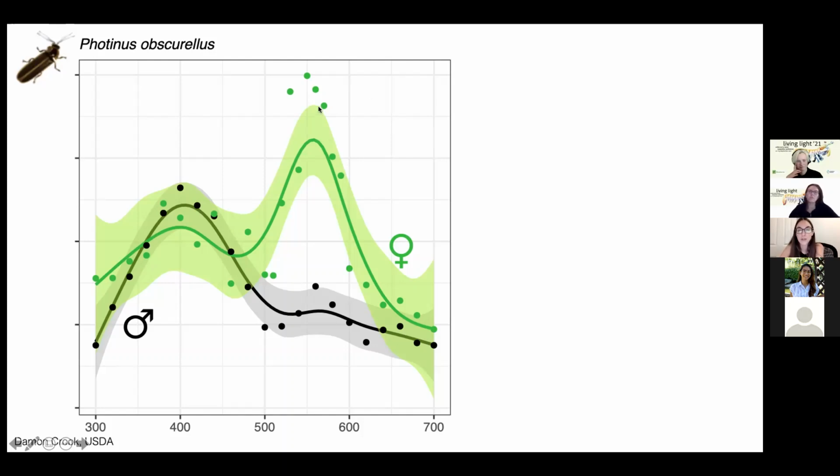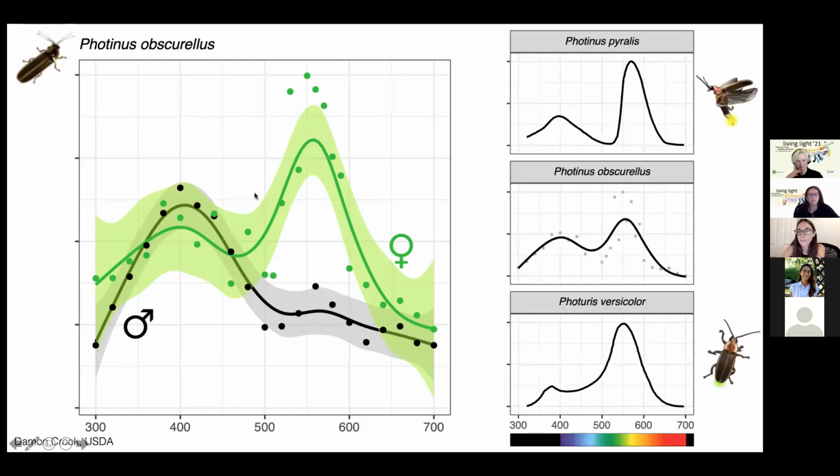I'm a little more interested in where the peak of the green photoreceptor is located. So in order to compare, I put the males and females together, and then am comparing them to our crepuscular Photinus and our nocturnal Photurus. You can see that actually it does seem to follow the pattern pretty well.